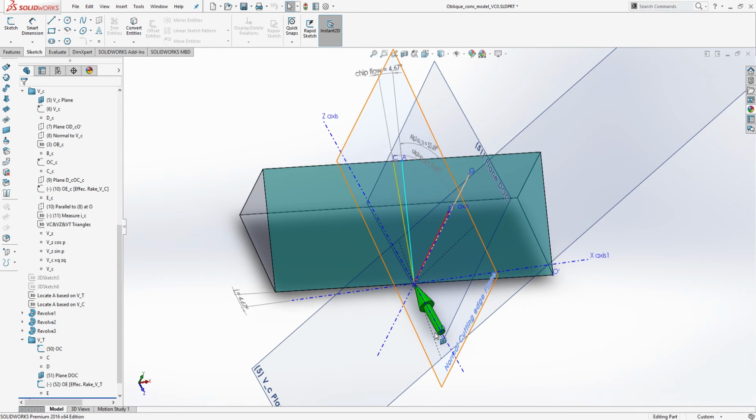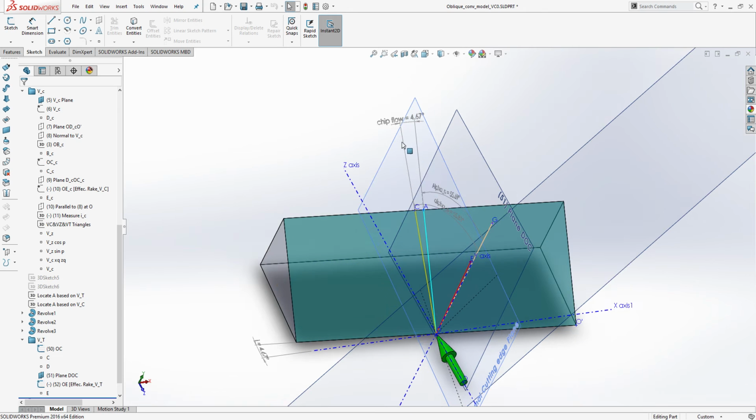But the chip flow will not be on this OA line. It will be on OC, which is slightly inclined, and according to Stabler's rule, the chip flow angle will be approximately the same as the inclination angle.